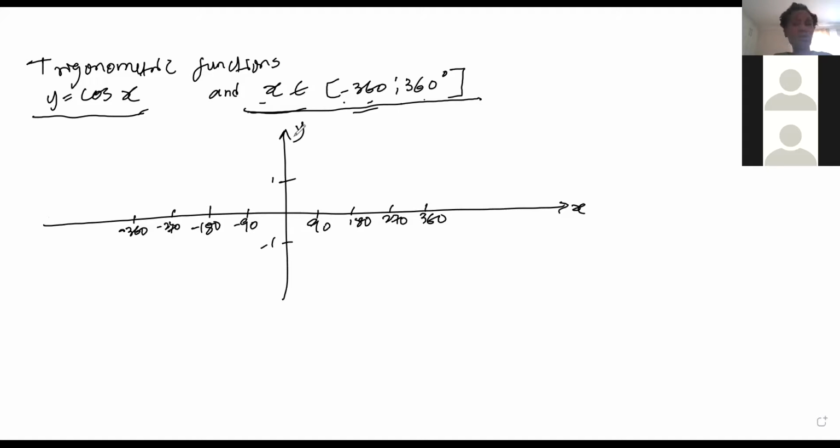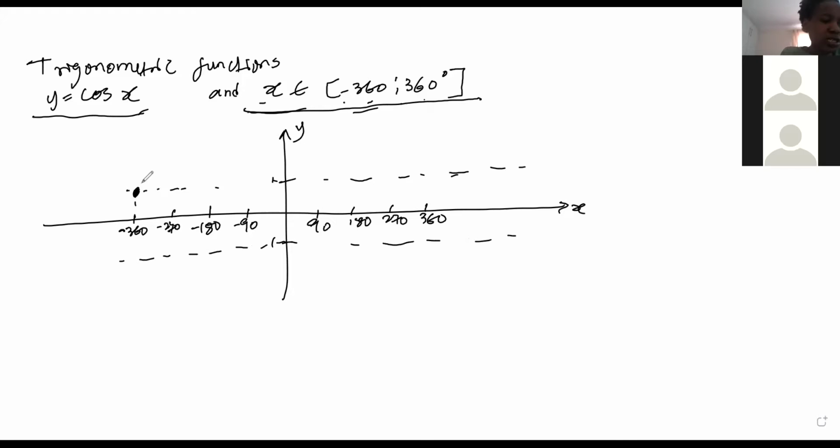Okay, so let's check now on our calculator. Let's start with minus 360. So cos negative 360 is positive 1. Let me just put this line here just to make it easier for me to draw. So we've got 360 and positive 1.